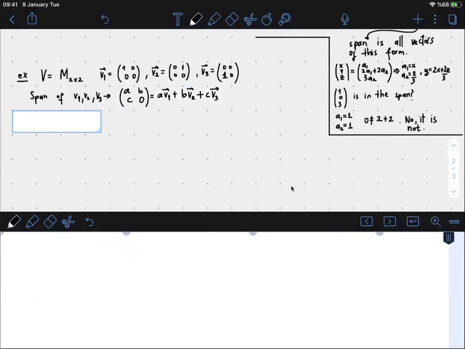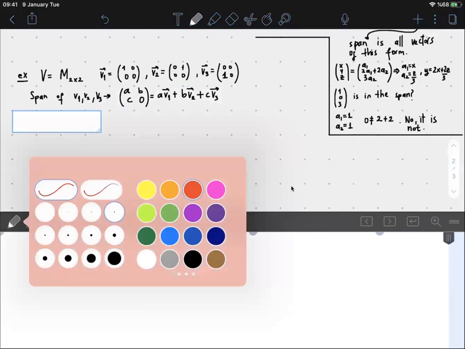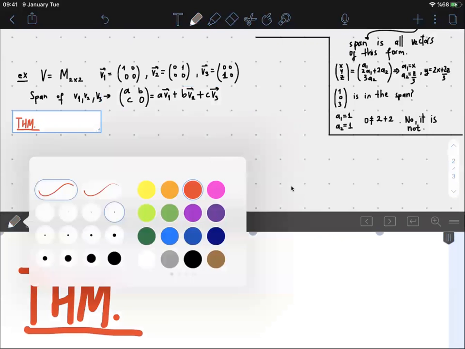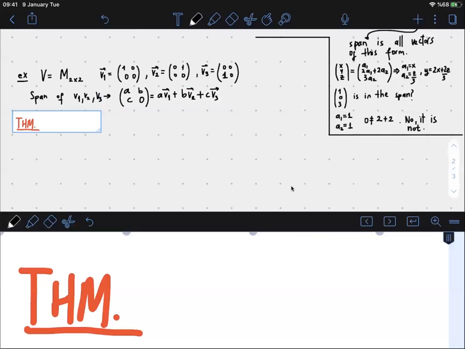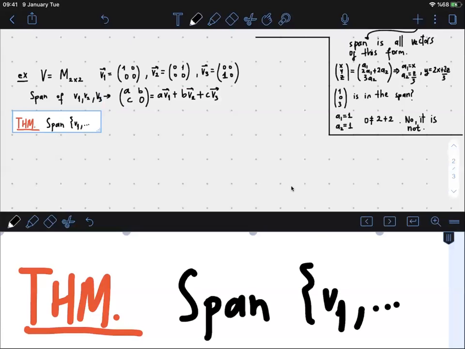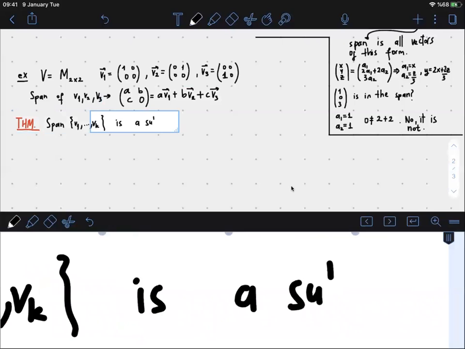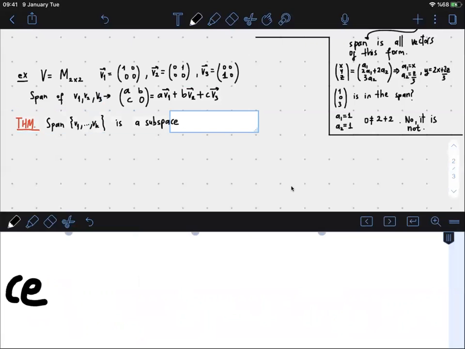Any questions? This is a theorem, and we did some part of this theorem before. The span of vectors in a vector space is a subspace of that vector space. So the span of, let's say, the vectors v1 through vk is a subspace. In the last lecture, we did this for two vectors.